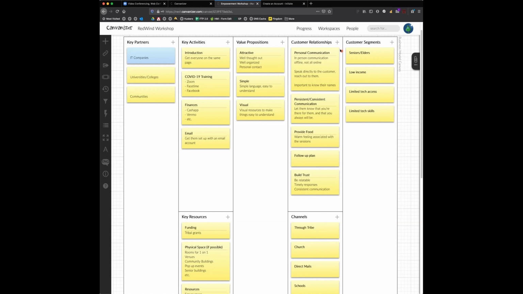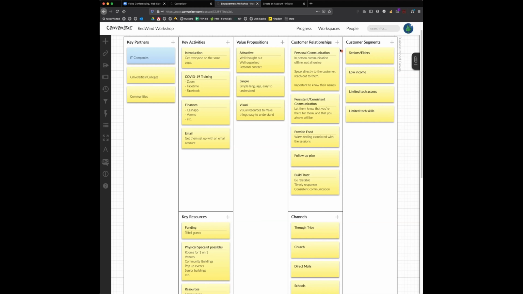And so, of course, being online only would not work with this group. So that's why it'd be more pick up the phone, maybe having some pop-up events where we do meet and greets, speaking directly to the customer and reaching out to them, but then also really truly getting to know them and not feeling like we're just selling a product, but that we really truly care about them, and that we want to make that connection.